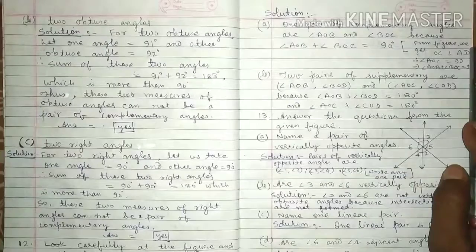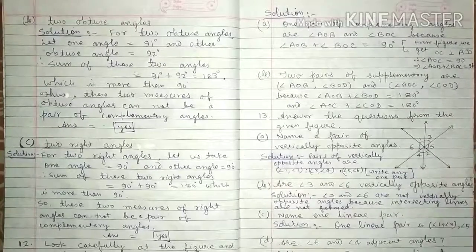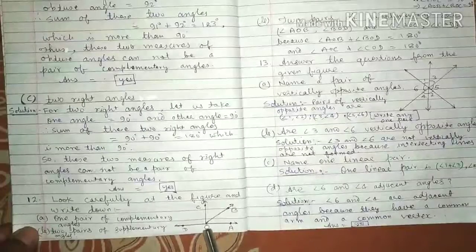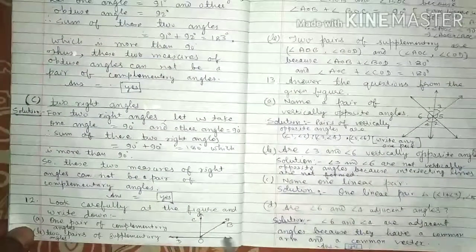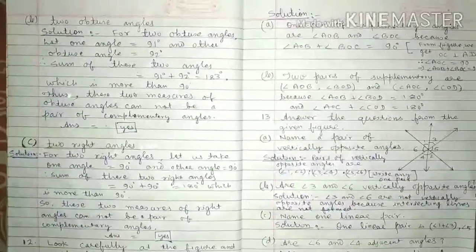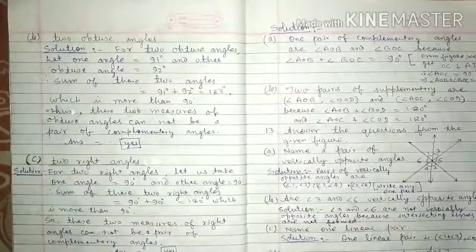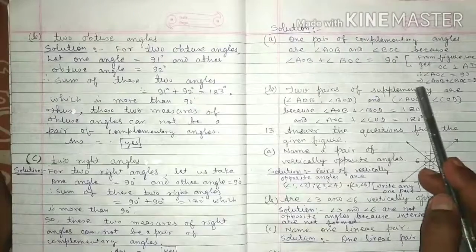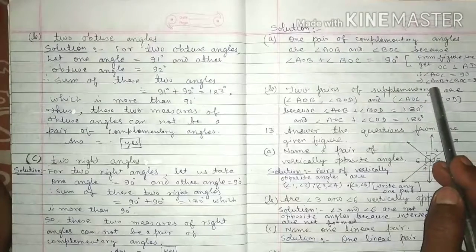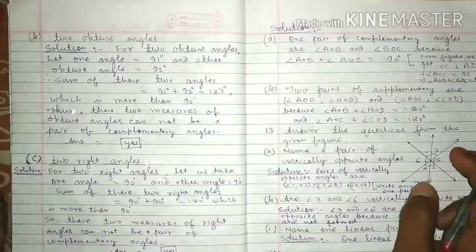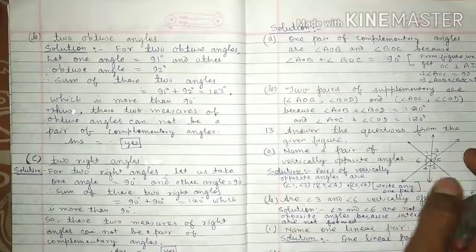From the figure, we get OC perpendicular to AD. This equals angle AOC is equal to 90 degree. This implies that angle AOB plus angle BOC equals 90 degree.